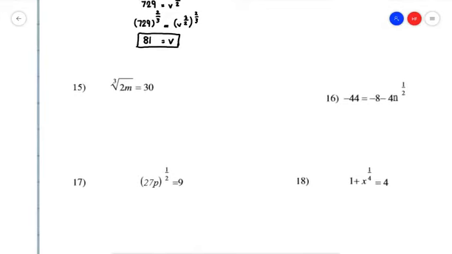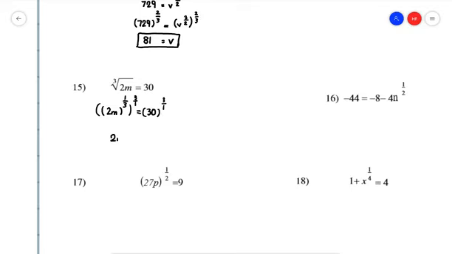The next one looks similar to what you did yesterday, but we're going to change this by converting. So that is 2m raised to the 1/3 power equals 30. And then we'll raise everything to the reciprocal power, which is 3 over 1, or just 3.